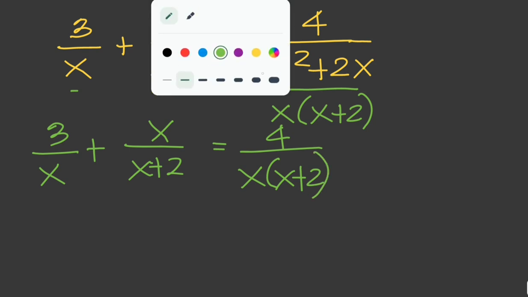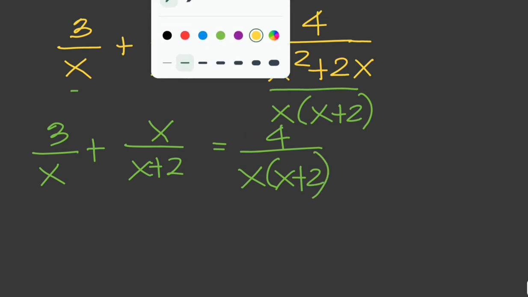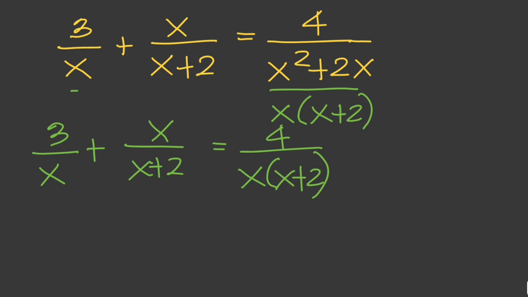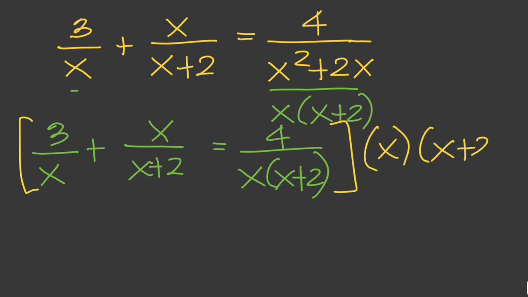And now we can find the LCD. Now notice that the denominators on the right are just the same as the denominators on the left. So we can just simply multiply both sides of the equation by x times x plus 2.